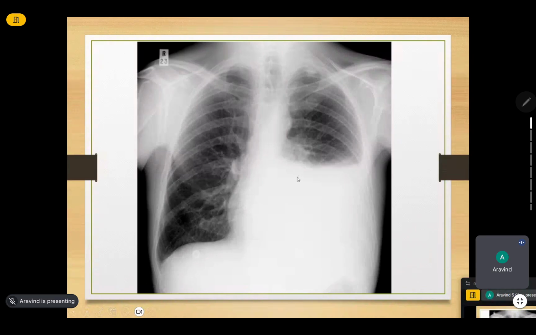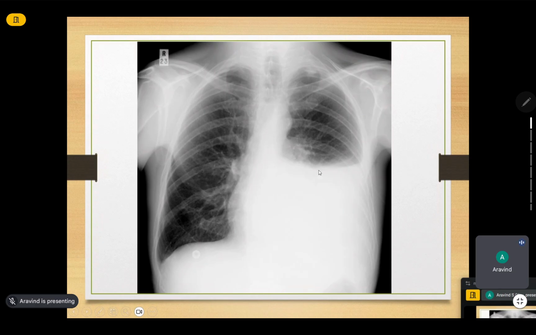In any X-ray, if you see a homogeneous opacity, you look whether air bronchograms are present. There are none, and there is blurring of the costophrenic angle and a meniscal sign, which means the concavity is present here. So it indicates pleural effusion.